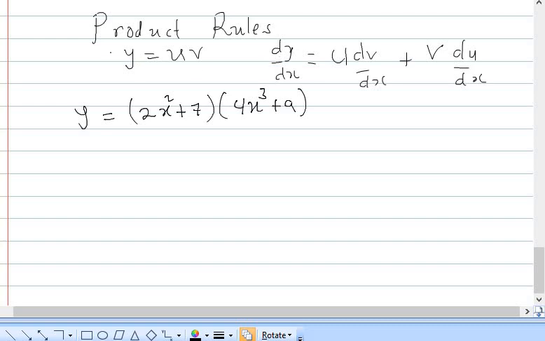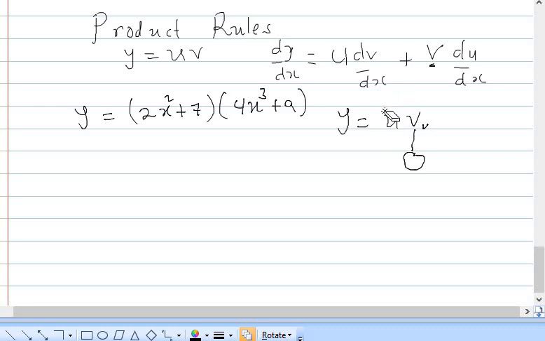If you want to find the derivative of this, you have to apply a formula, and the formula is given as this. As you need to understand, if you have y is equal to uv, all you need to do is keep the first one, u, constant, and differentiate the second one, v, with respect to x. Then for the second part, add plus, leave v constant, don't differentiate v, and then differentiate u.